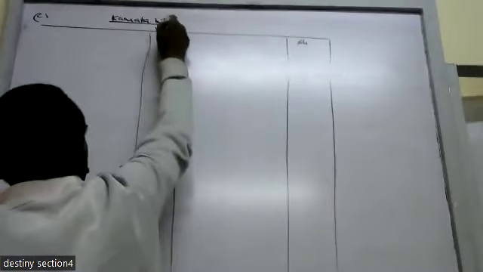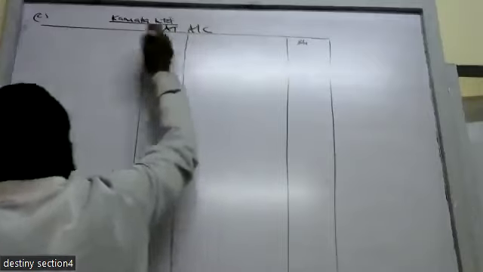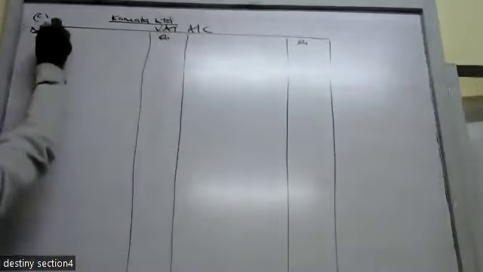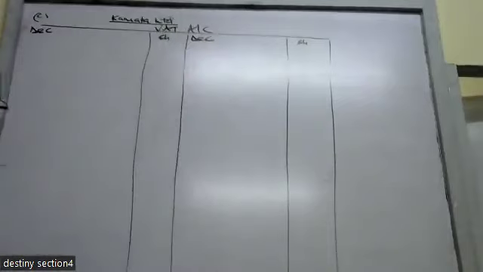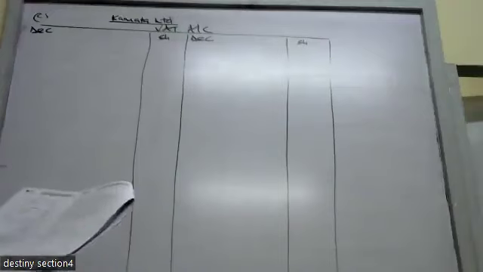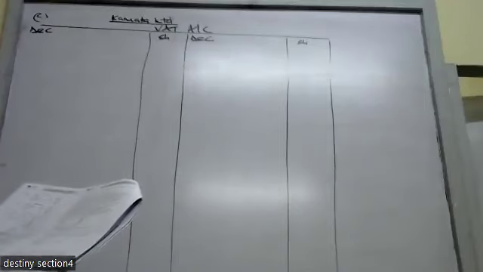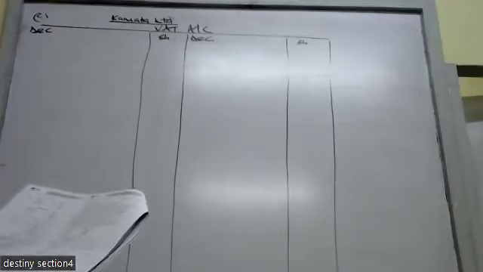We are preparing a VAT account. All the dates are for the month of December, and we'll follow the dates in order. For example, the very first date is December the 1st.